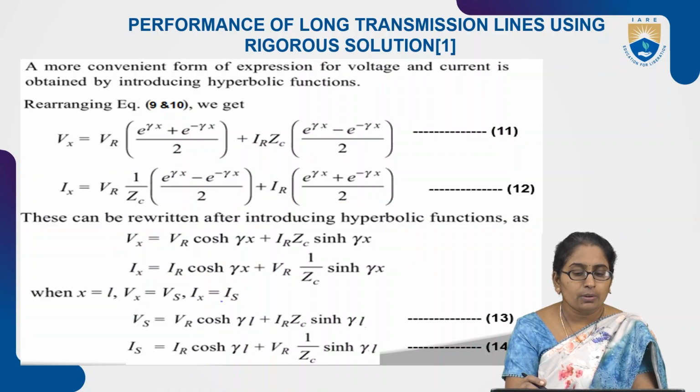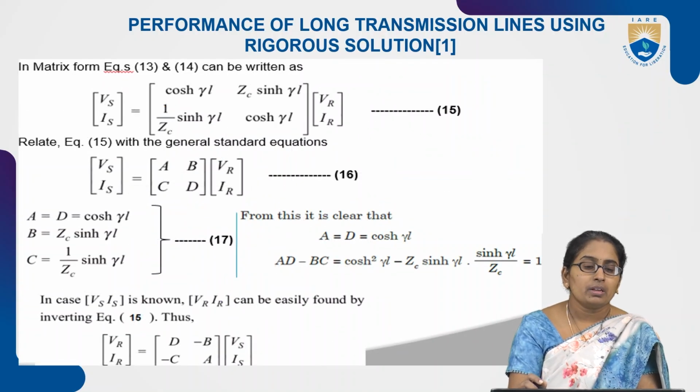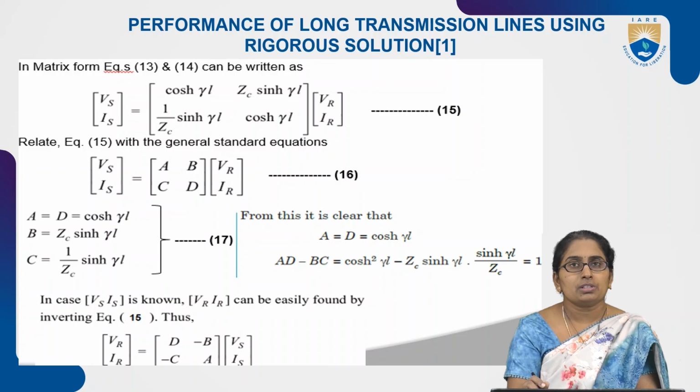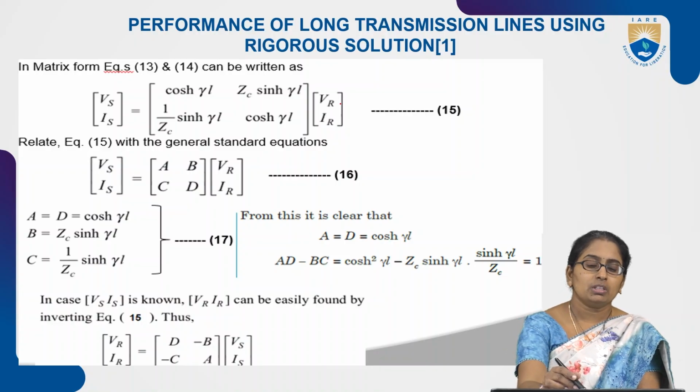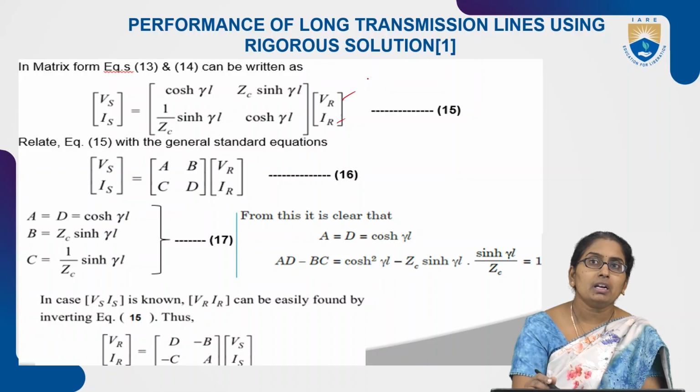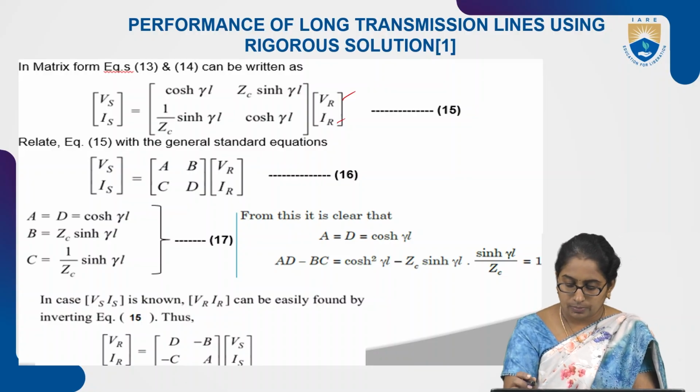Now writing these two equations in matrix form. On the left side, Vs and Is, and on the right side, the voltage and current VR and IR, and the coefficients.